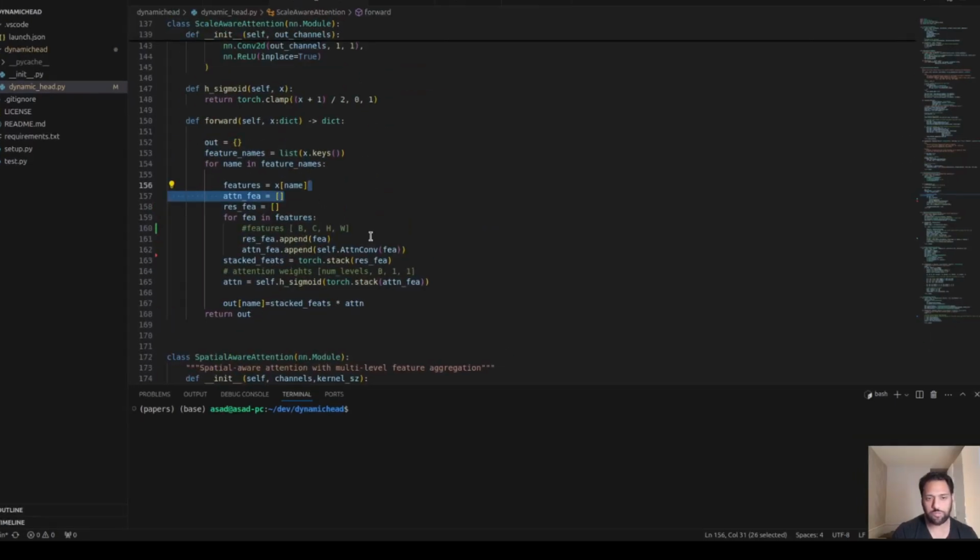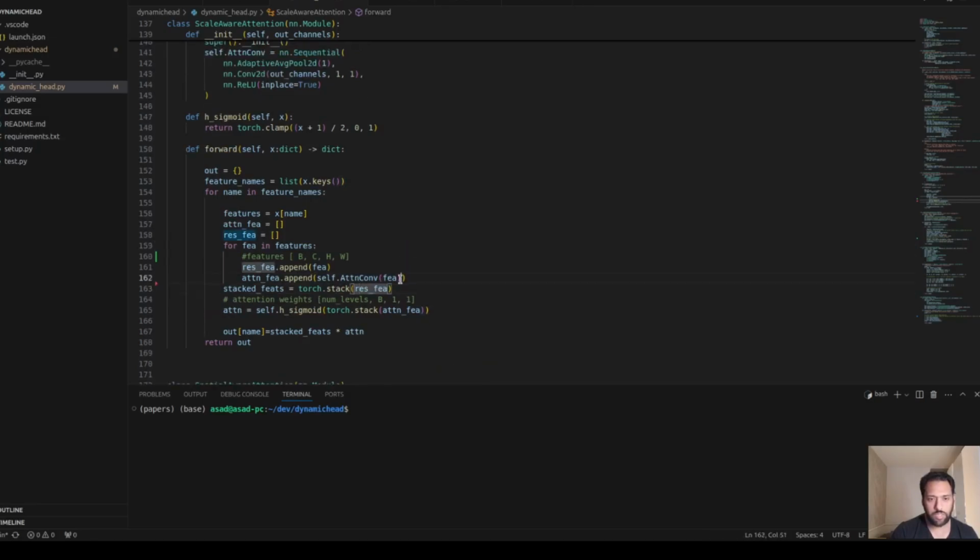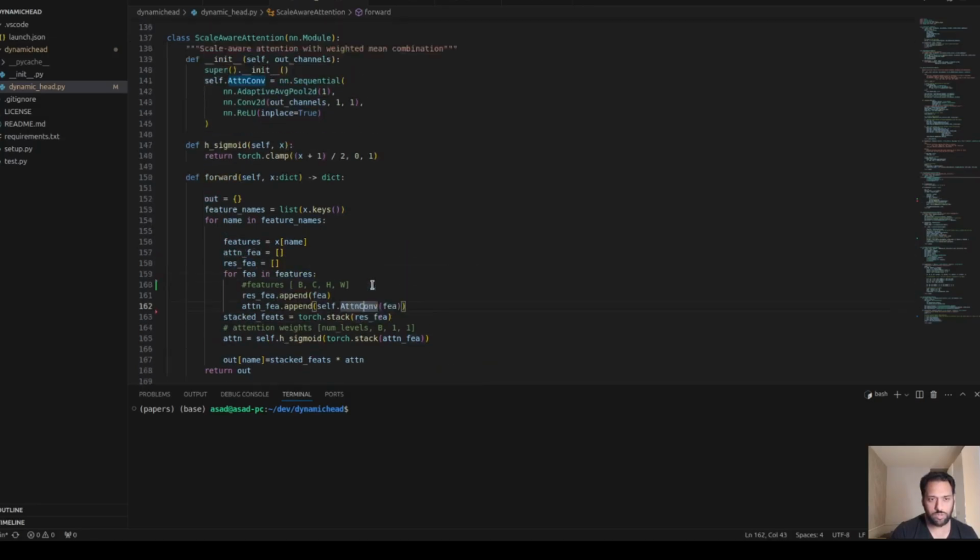So it goes through each feature dictionary, gets the current feature level because it will be later on multiplied with the attention across the levels, and it also passes this feature through this attention, which is exactly what's described in the paper. It's average pooling 2D, which reduces the spatial size to 1.